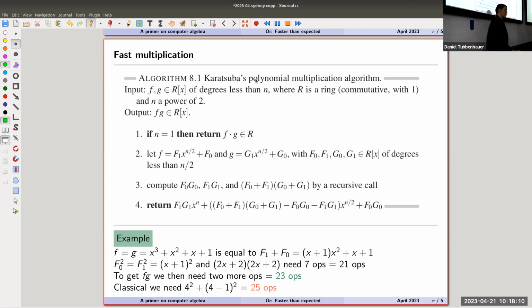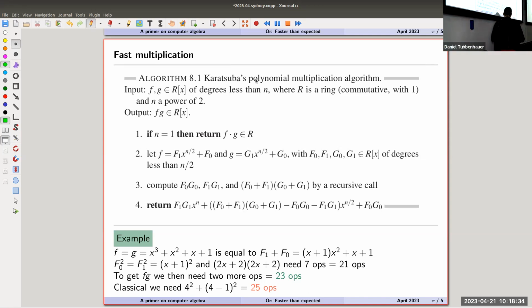And these are now polynomials of half the degree. If f is of some degree t, then f1, for example, will be of degree t/2. And then you recursively do it on those.